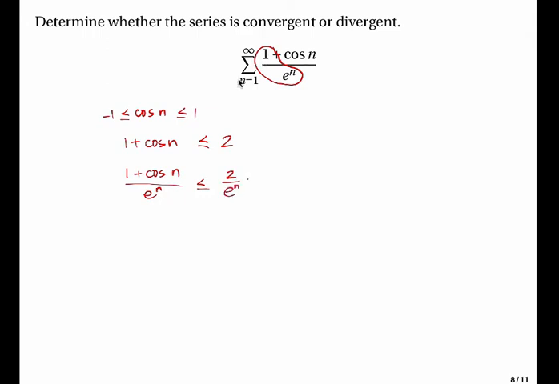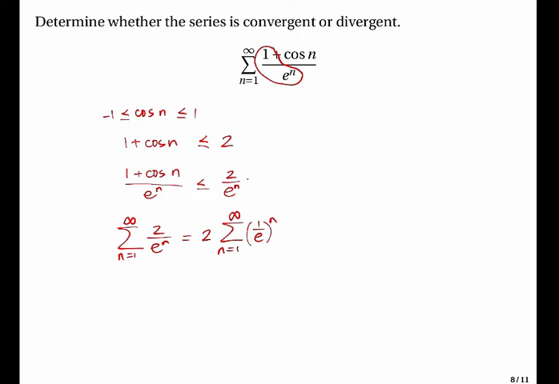And therefore, we will compare this series here with the series with terms 2 over e to the n. Then we can just factor out that 2, and compare this with 2 times the series 1 over e to the n. Let's rewrite the series 2 over e to the n, from 1 up to infinity, as 2 times the series from 1 up to plus infinity of 1 over e to the n.